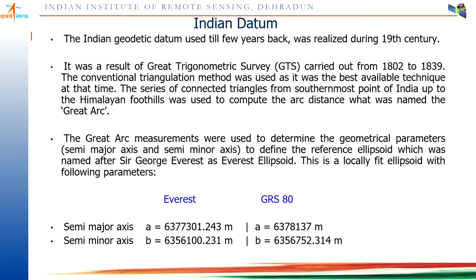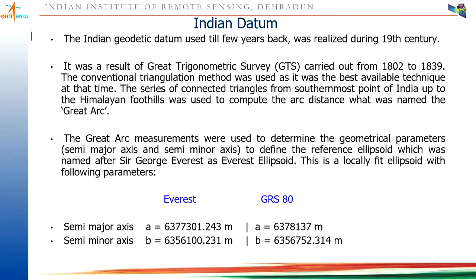So at the time of 1801 or 1839 when the Everest was developed, if we compare with today's one, it is almost only 800 meters difference in the major axis. So how close we were to the geocentric ellipsoid at that time.